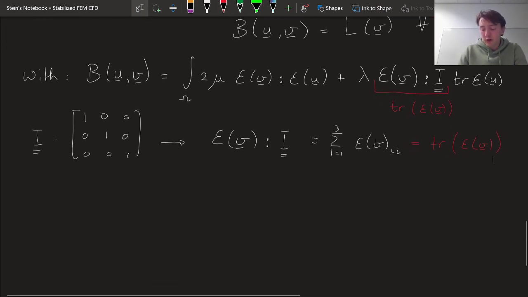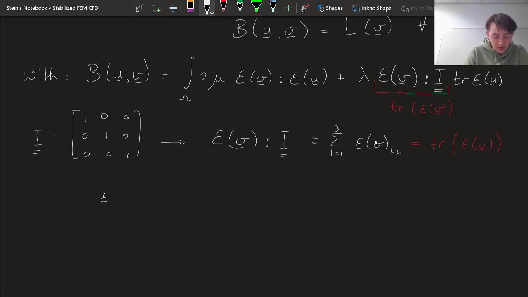Now there's another interesting interpretation though. If we take a look at what is actually on these diagonals, then, what was the definition of the strain of a vector field? It is equal to half of the gradient of that field plus the transpose gradient of that field.